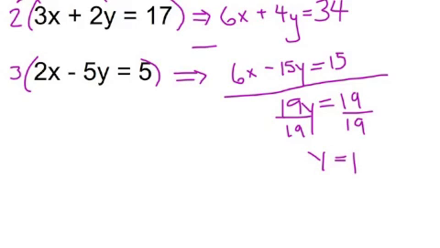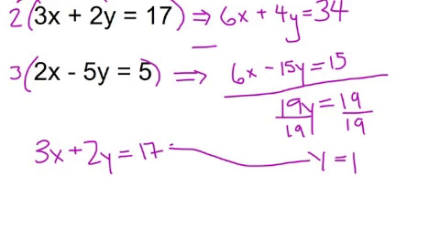I'm going to choose the very first equation, 3x plus 2y is equal to 17, and I'm going to substitute in y equals 1. So I'm going to get 3x plus 2 times 1 is equal to 17. And I'm going to solve for x.